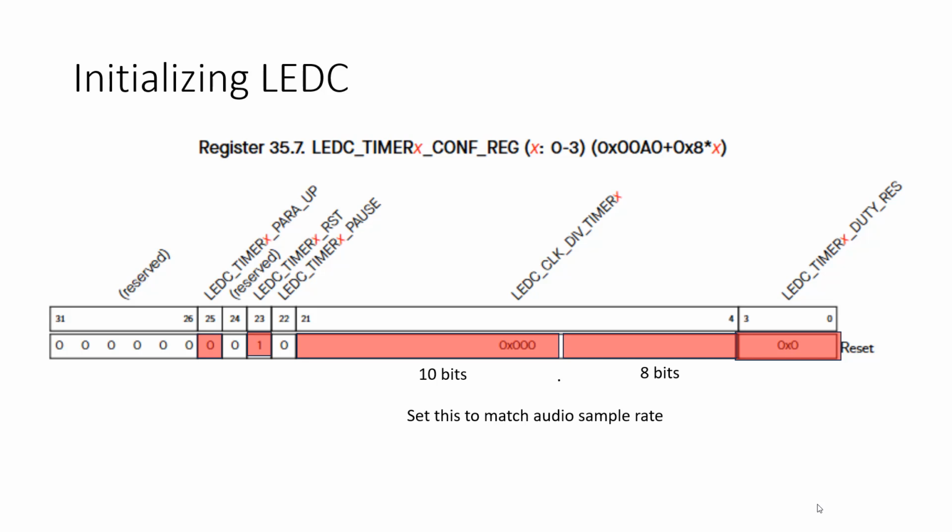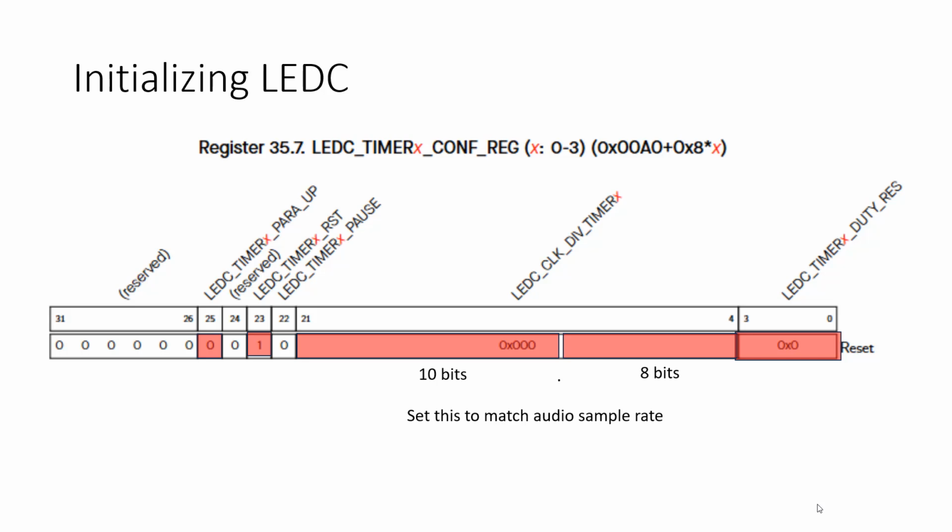So we're going to map a value of 0 to 255 to a percentage of 0 to 100%. So these two fields are really just defining the PWM frequency and the resolution of the duty cycle value that you want to put in, which is the same thing as your audio resolution, your audio sample size, right?